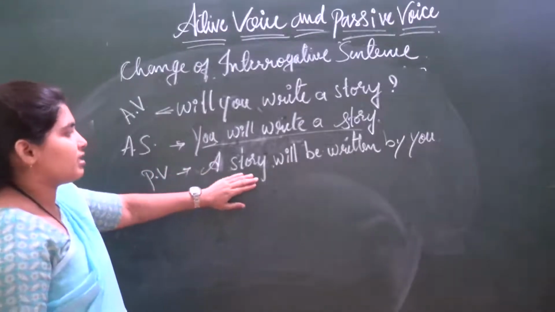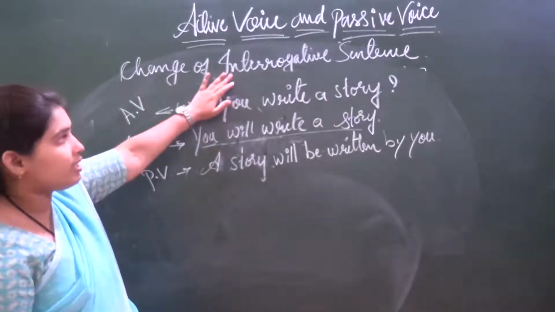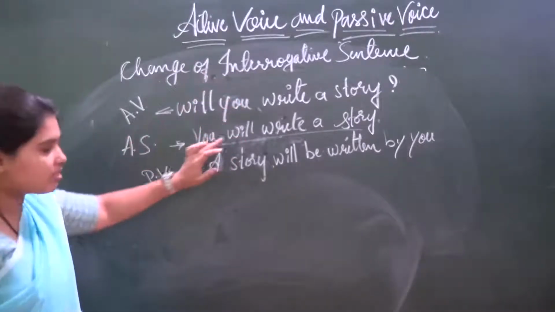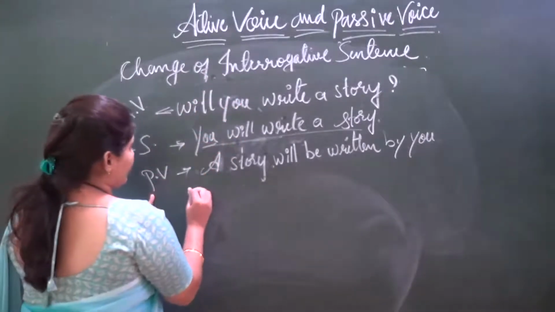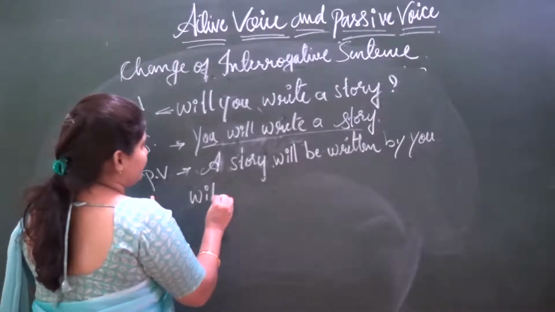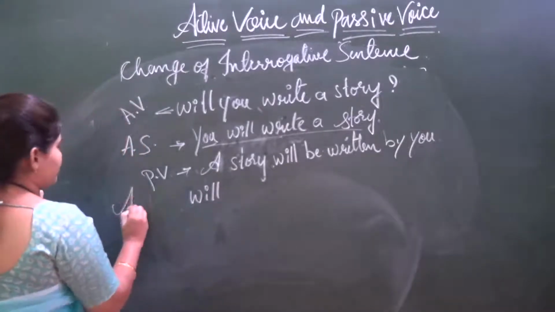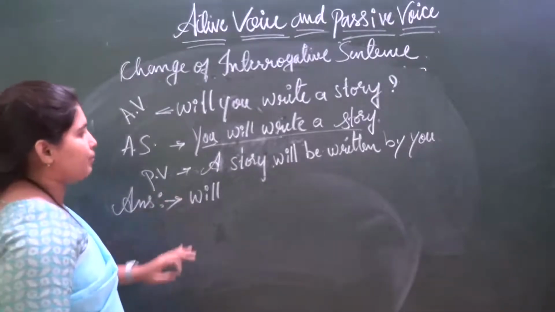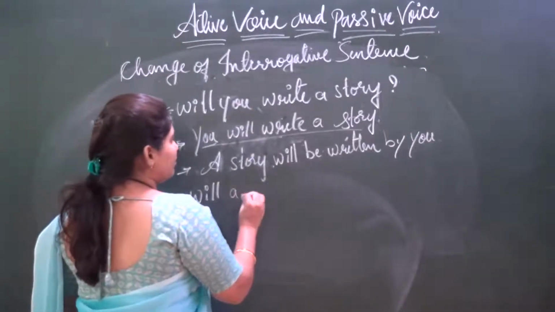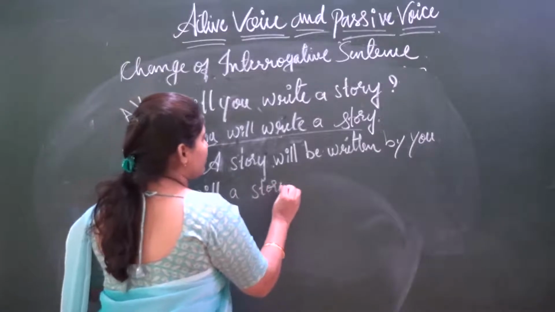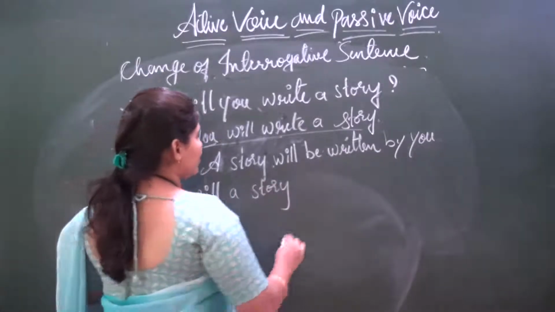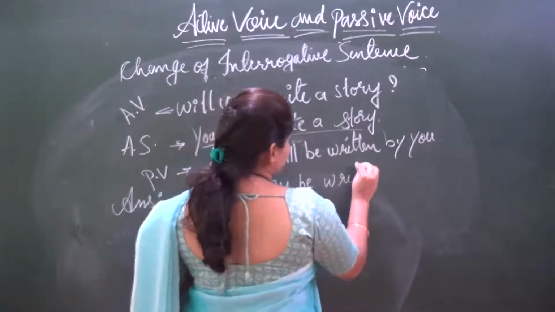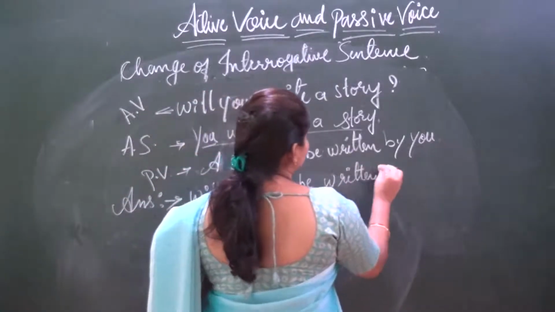Now this sentence you have to convert into the interrogative sentence. What is the interrogative sentence here? It is will. This is the answer. Okay, will a story be written by you?